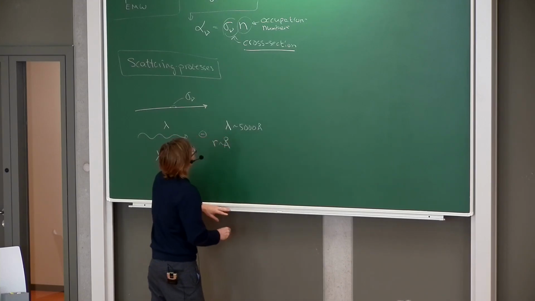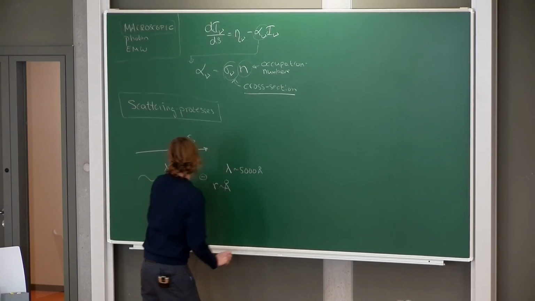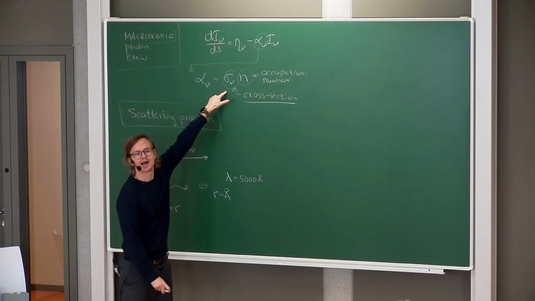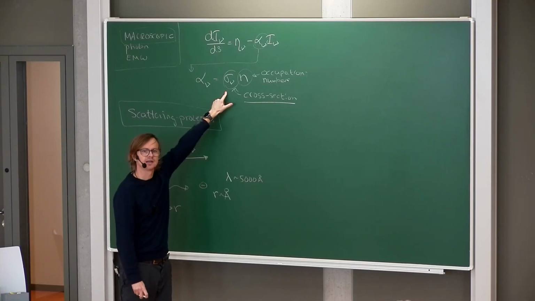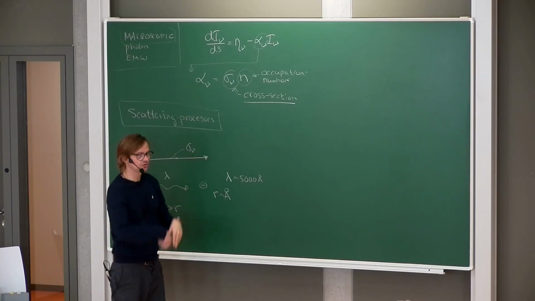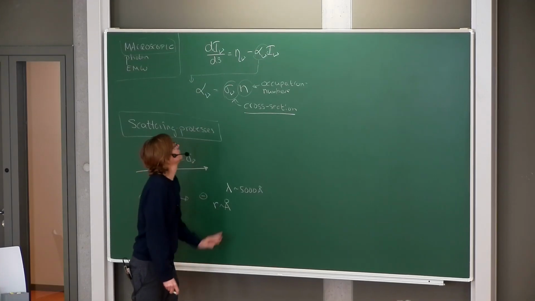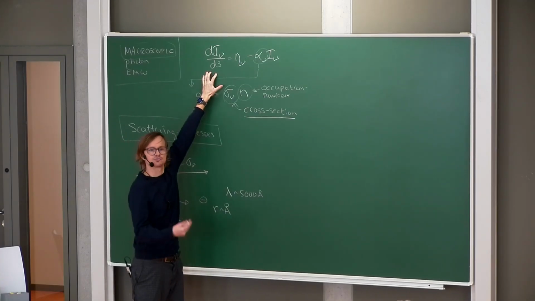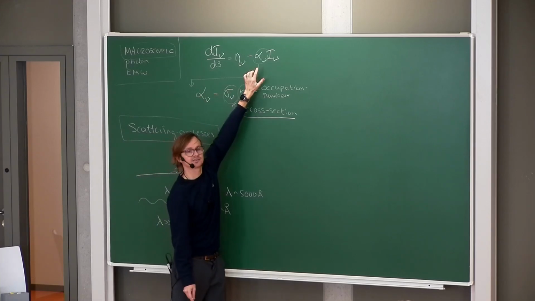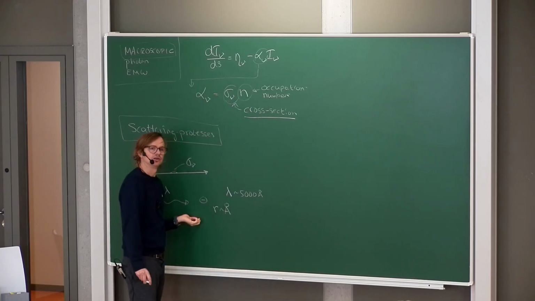So we have to go into that in order to describe this interaction. Now, we can still use the macroscopic theory, that is radiative transfer theory, for our calculations later on, provided that we calculate these interaction coefficients using different concepts.